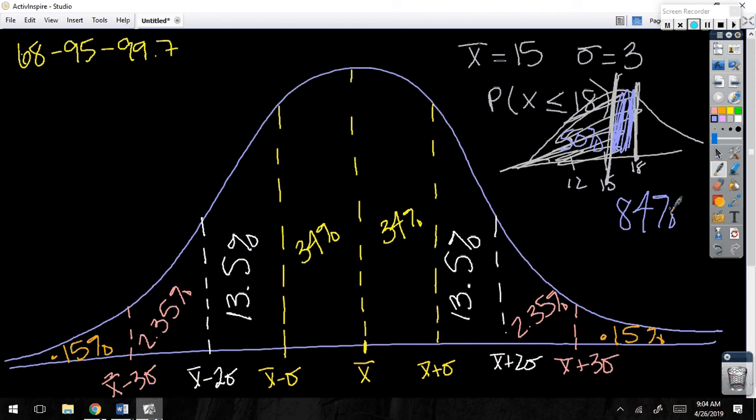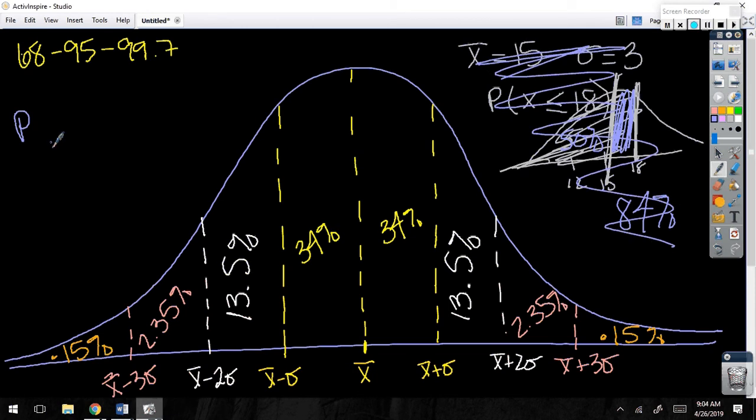Yes. Now, your book is going to give you some where they don't define the mean and the standard deviation, and they say something like, what's the probability that you are greater than or equal to 2 left of the mean while still being between the mean.